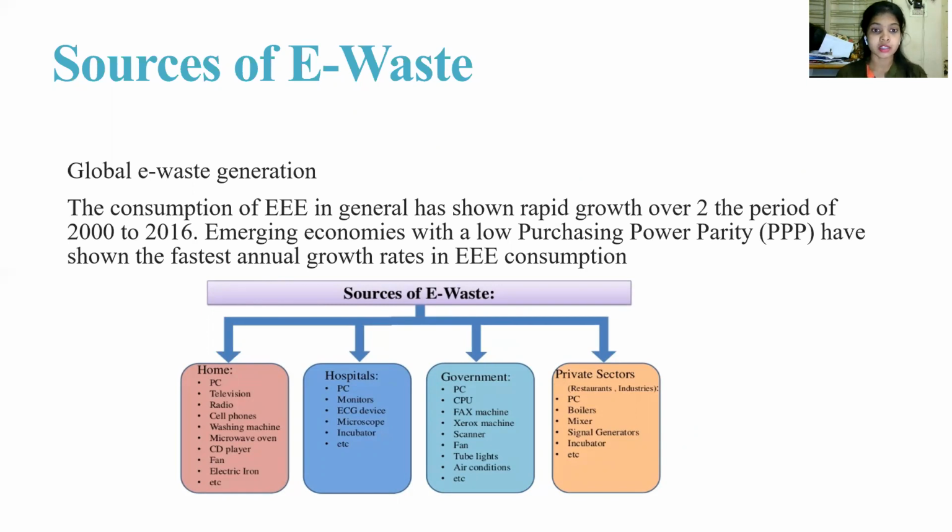Whereas from hospitals, we do get electronic waste such as ECG devices, microscopes, incubators, etc. In the government sector, we do get e-waste such as scanners, fans, tube lights, air conditioners, fax machines, etc. From private sectors, we do get e-waste in forms like PCs, boilers, mixers, signal generators, incubators.